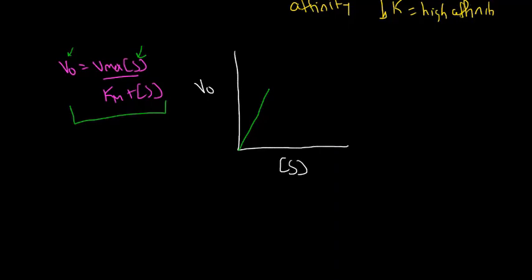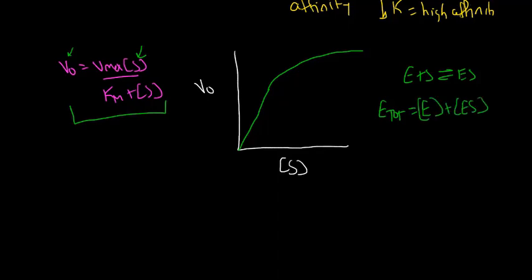However, this differs from traditional chemical kinetics because at some point we actually reach a maximal velocity. So this curve can no longer continue growing. V naught cannot continue growing even though we're increasing the concentration of substrate. The reason is that we have an enzyme that's important. The first step is forming the enzyme-substrate complex. Since we only have a limited amount of enzyme, E tot equals the concentration of enzyme plus the concentration of the enzyme-substrate complex.